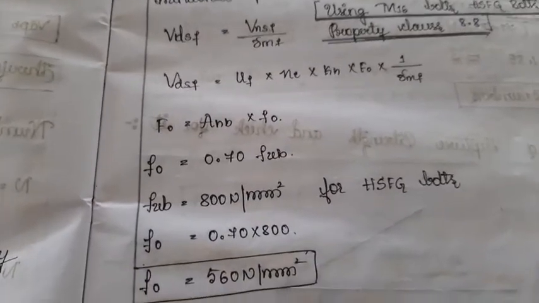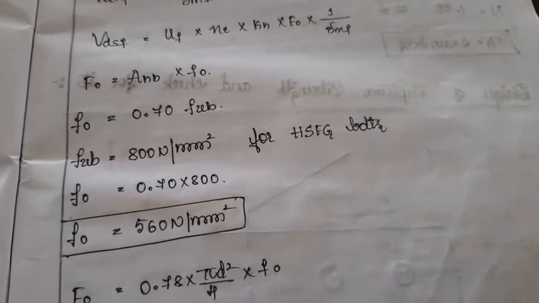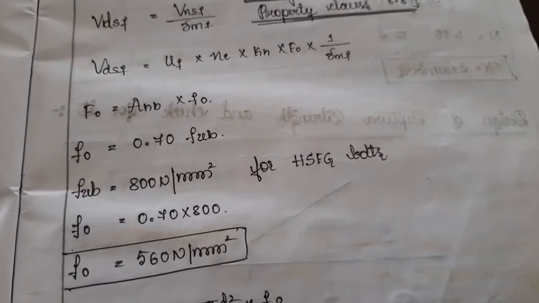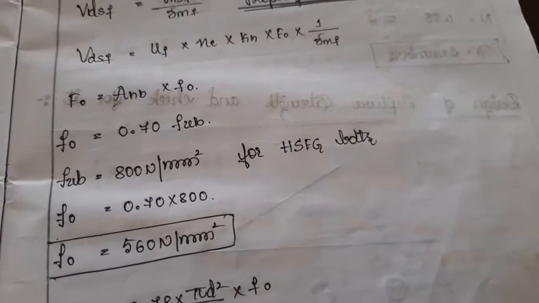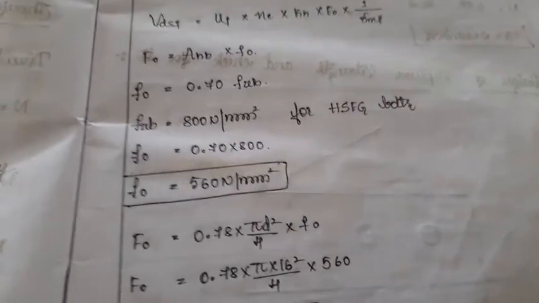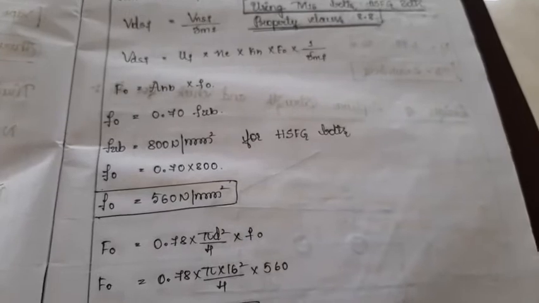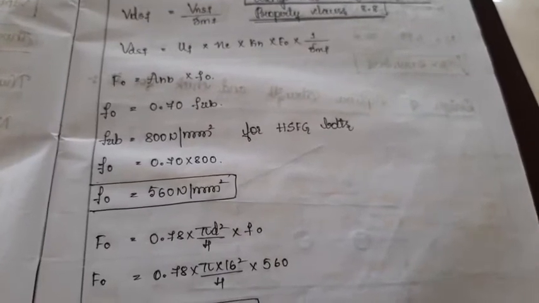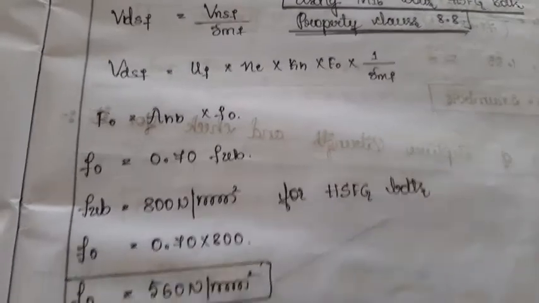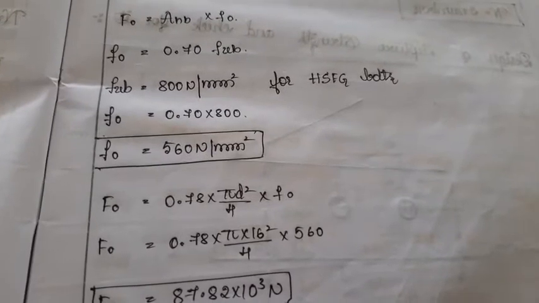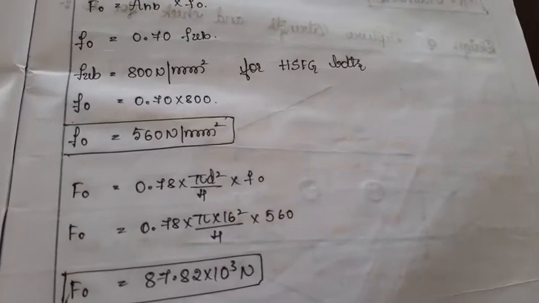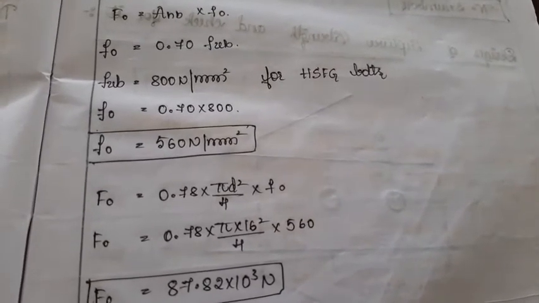And when you calculate your small f naught, what will be your formula? 0.70 into 800. So small f naught is 560 Newton per mm square. Coming to this capital F naught, what does your capital F naught say? Capital F naught equals A and B into F naught. So A and B formula is 0.78 into pi by 4 d square into F naught.